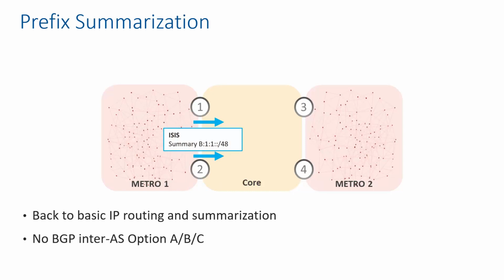If in Metro 2 I have hundreds of thousands of SRv6 routers, each with their locator, I only advertise a single summary to the core. So my core now is only carrying the locators of the core nodes and the summary of the Metro, a few hundreds of routes. And so it's extremely powerful.